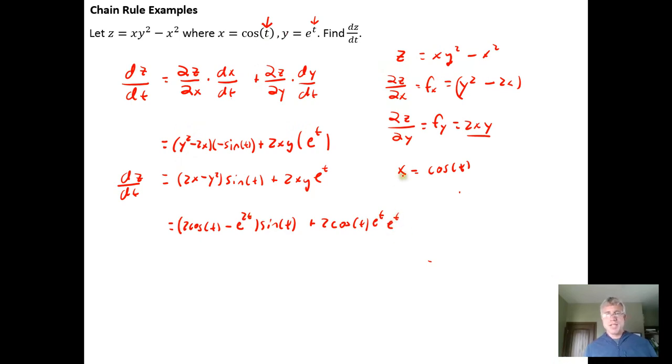So e to the t times e to the t is going to be e to the t plus t, is e to the 2t. And then that looks like it's pretty well simplified.